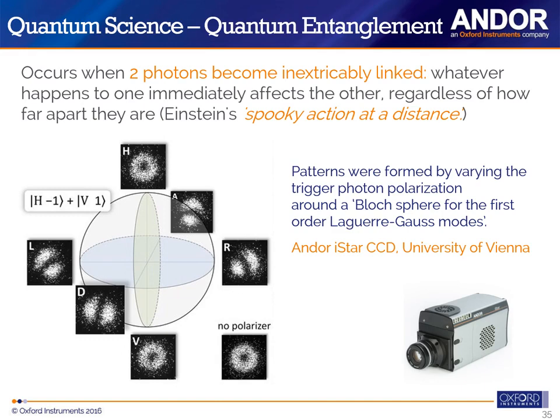In that particular case, the team at University of Vienna accumulated a number of single photon events to create these images that you can see on the left-hand side, but they also play on the trigger photon polarization to create different types of spread of the single photons during a single exposure of the camera. And they can use the ICCD gate to isolate a single photon contribution exactly when it reaches the detector and remove some of the unwanted scattered light or ambient light that would destroy the statistics of these experiments.